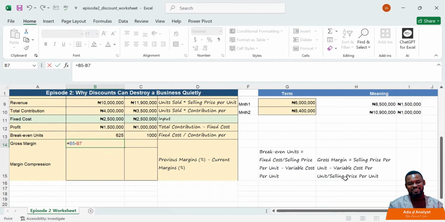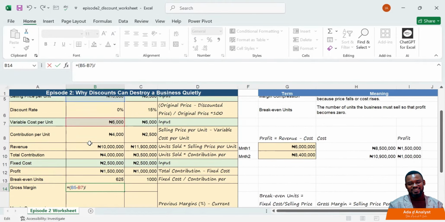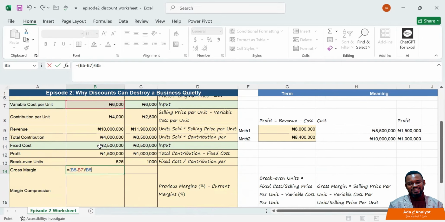We want to divide it by the selling price per unit, so to do that correctly we put this in parentheses so that it is mathematically correct. The selling price per unit is 10,000. We hit enter and we have 0.4. If we multiply this by 100, we will have 40%, but we can just format it to percentage so that it gives us our 40%.